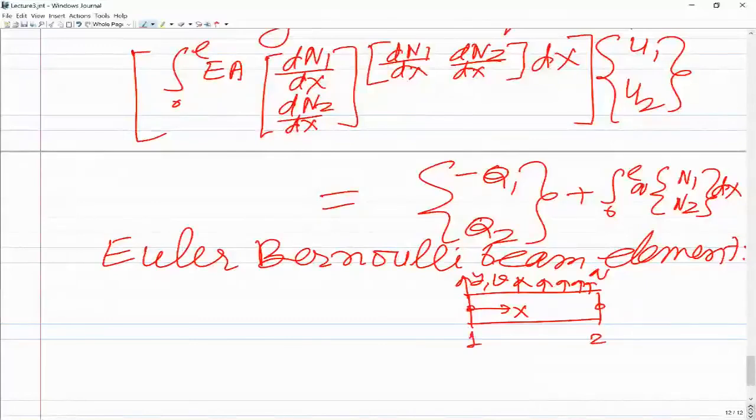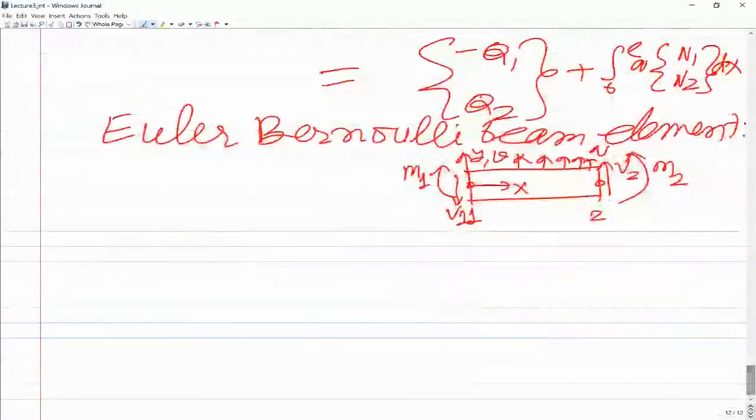We have to have end nodes, and at end nodes the primary variables should be there as degrees of freedom. Another forces, of course, would be, let us say, here the shear force is V1 and the bending moment is M1. The shear force is V2 here and the bending moment is, let us say, M2.